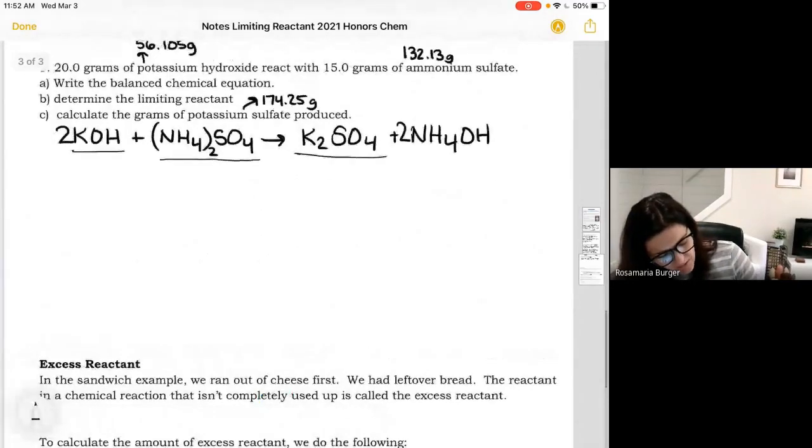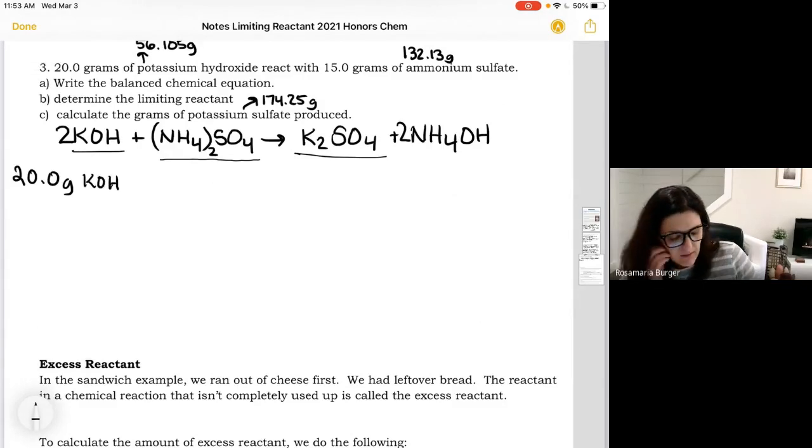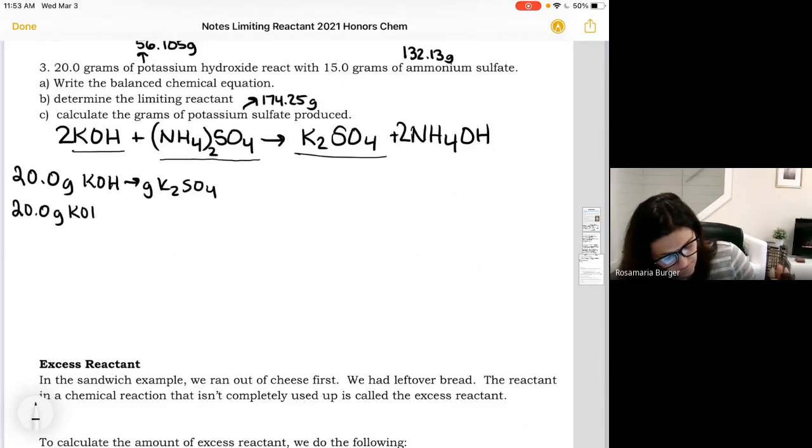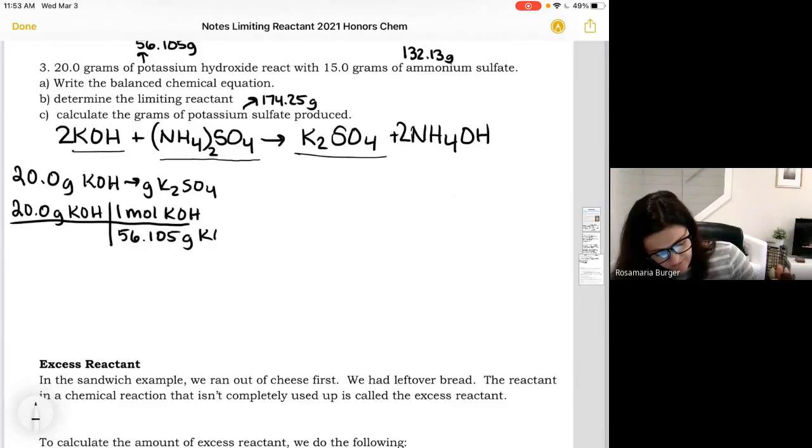Okay, so we're starting with 20.0 grams of KOH and we want to go to grams of K2SO4. Cool. Let's do it. 20.0 grams of KOH, for every 1 mole of KOH, we get 56.105 grams of KOH.